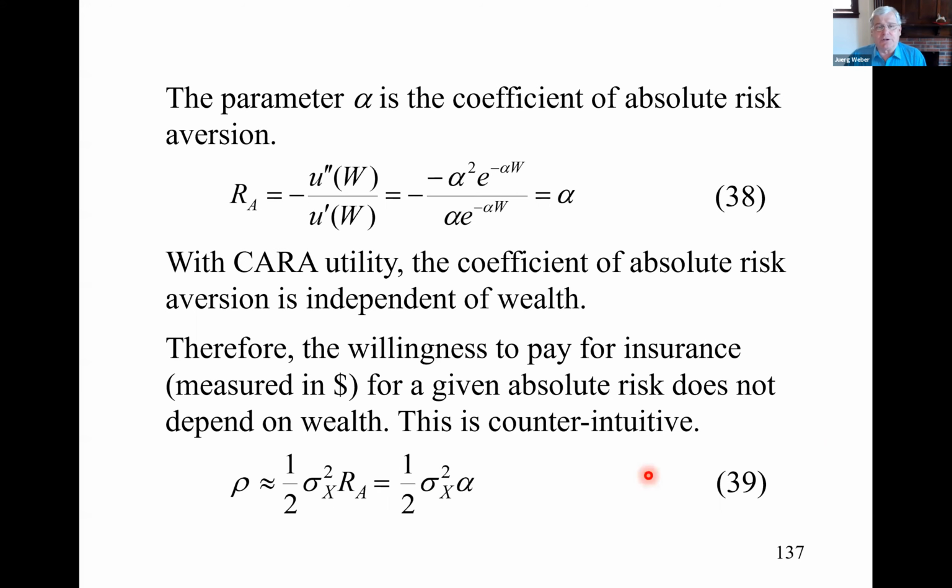Now it turns out that the parameter alpha is the coefficient of absolute risk aversion that we have discussed in the last lecture. The coefficient of absolute risk aversion is defined as the second derivative divided by the first derivative. Look this up again in the last lecture. So we now simply plug in for the second derivative and for the first derivative. This comes from the preceding slide.